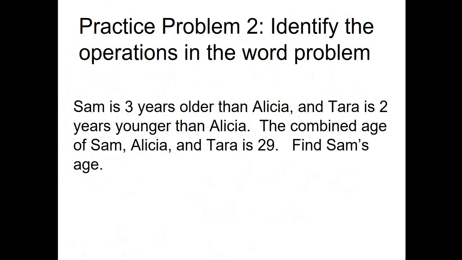Okay, next one. Sam is 3 years older than Alicia, and Tara is 2 years younger than Alicia. Look, Alicia appears twice here, and everybody is dependent on Alicia, so we're going to circle Alicia. We also have to circle 3 and 2.